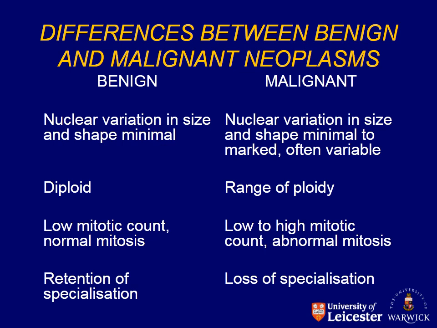Whereas in case of a malignant neoplasm, the nuclear variation in size and shape is from minimal to marked and often variable. That is, you may find minimal change in shape and size, but in case of malignant neoplasm, many a times you will find marked differences between the shape and sizes of the nuclei.